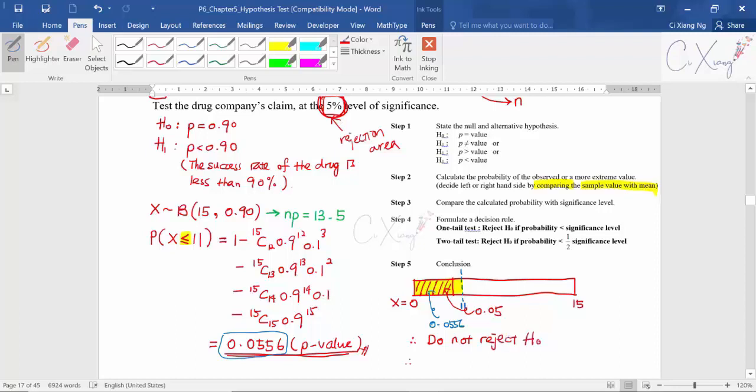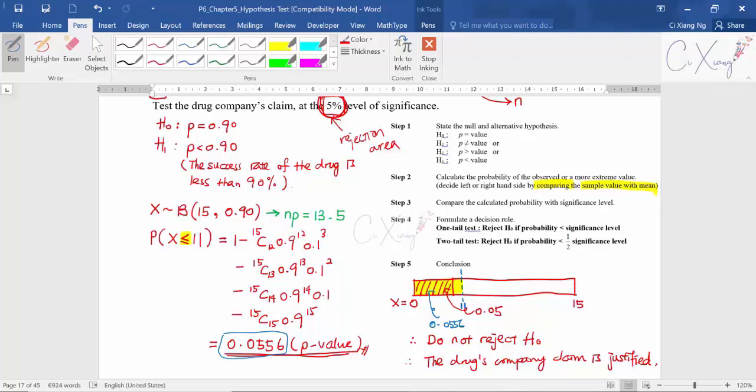Then you can make a conclusion saying that the drug company's claim is justified or supported. Or you can also write the conclusion as something like the success rate of the drug is actually less than 0.9.